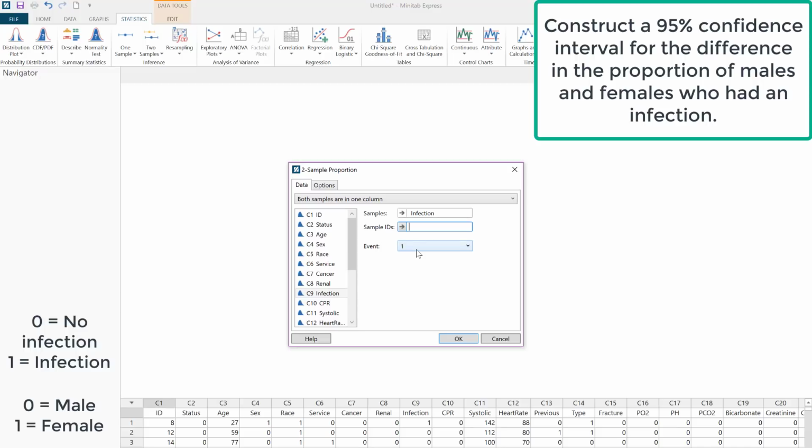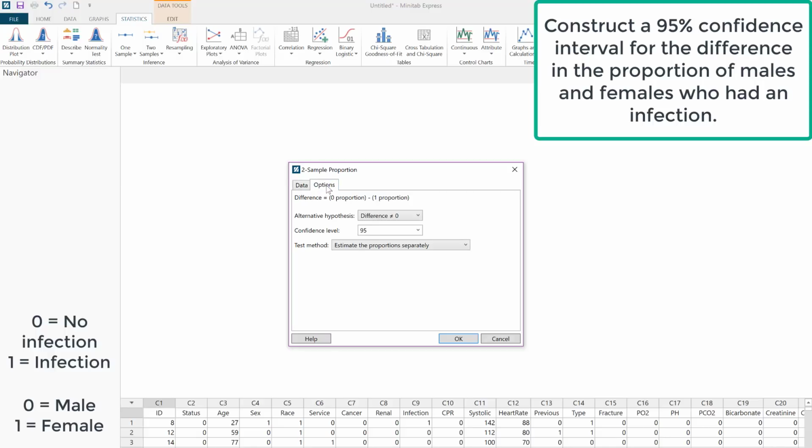And we have one column in our data set that is the grouping variable, which Minitab calls sample IDs. That is the sex variable. Under options, we'll keep the default 95% confidence level, and for a confidence interval, we estimate the proportions separately. Click OK.